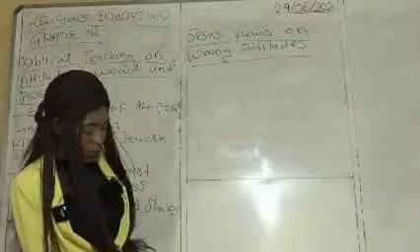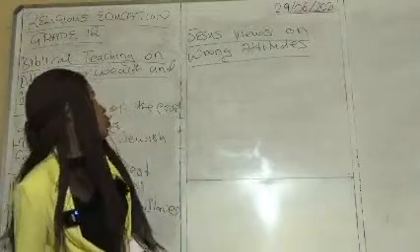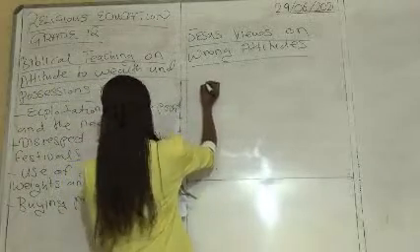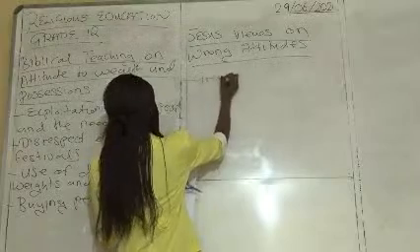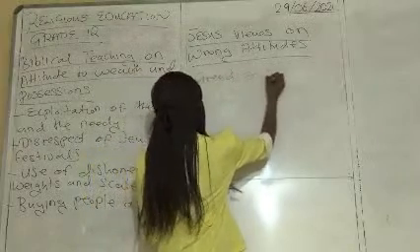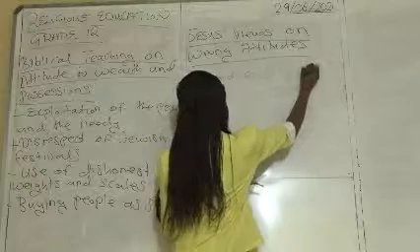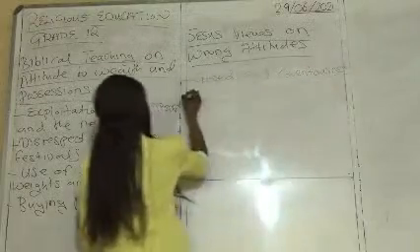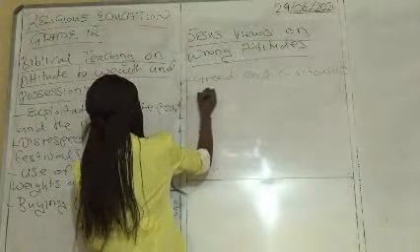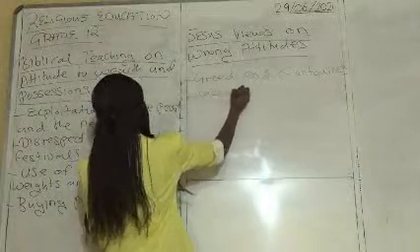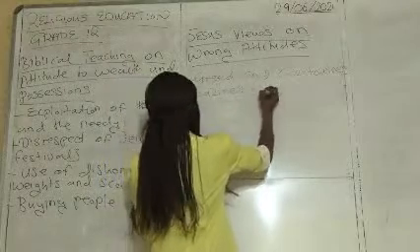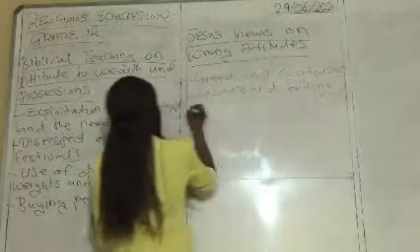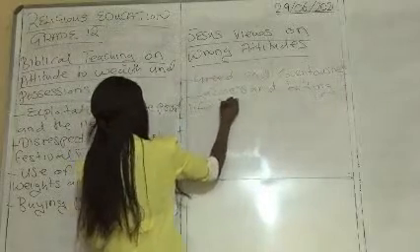So let me write something for you on the board which talks about Jesus' views on wrong attitudes. The first one, greed and covetousness. Then the second one, laziness and taking life easy.